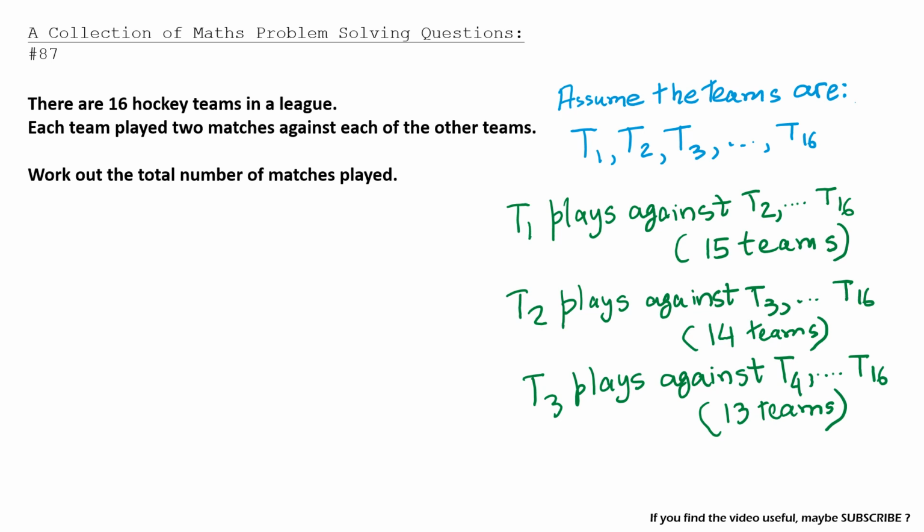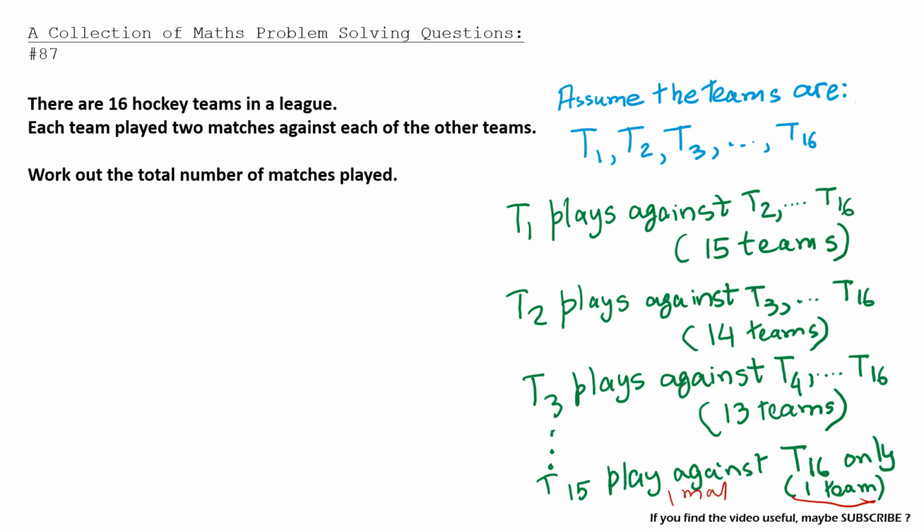T4 similarly will play against 12 teams, and so on. If you go on, then T15 will only play against T16, so only one team or one match, because T15 will have played all the other teams previously.